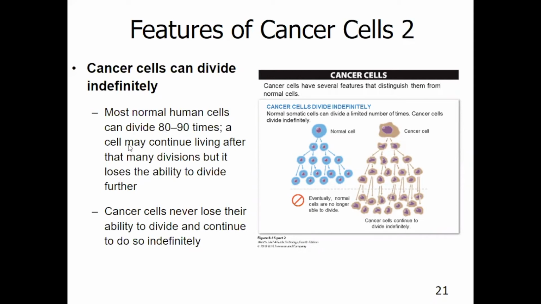The cell might continue living, but it won't divide any further. Cancer cells, though, seem to never lose their ability to divide. So they continue dividing, and that is part of the reason why we have unregulated cell growth in cancer.